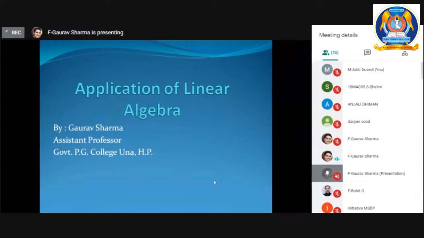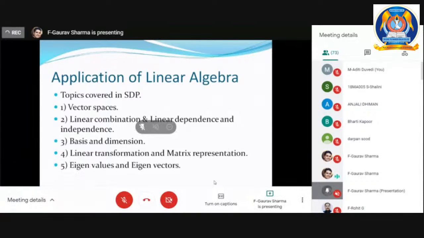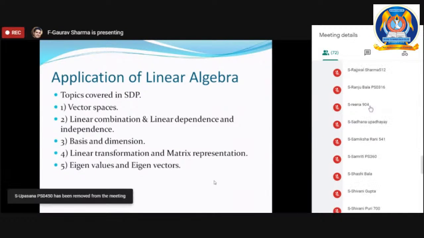This is just a PPT part, so let us discuss these one by one. Application of linear algebra. We have covered these topics: vector spaces, linear combination, linear dependence and independence, basis and dimension, linear transformation and matrix representation, eigenvalues and eigenvectors. So I will focus on the application part of these topics only. In fact, I am not covering all the applications.